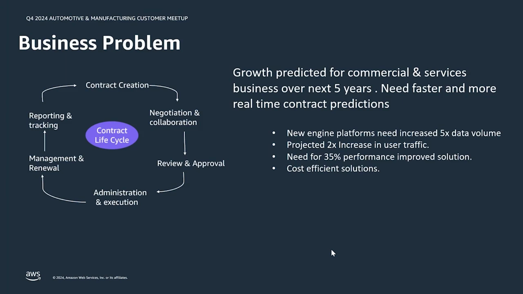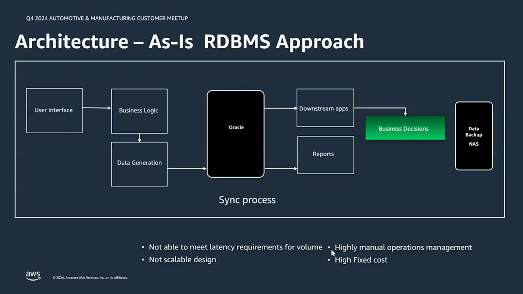Sure. Thank you, Shweta. To solve some of our volume data problems, a typical existing architecture looks like this. Typically, there will be a user interface where the user feeds the input, and it also collects information from multiple other sources.